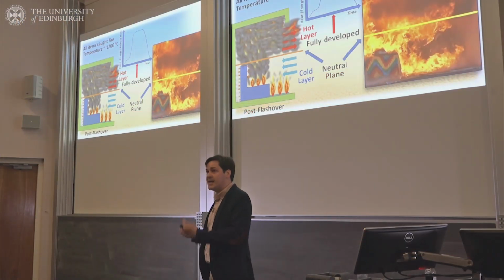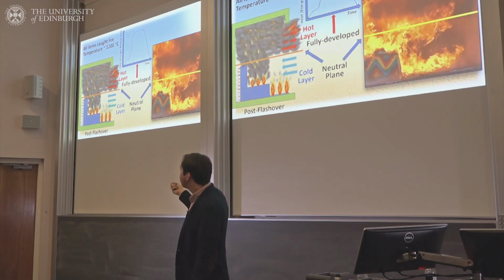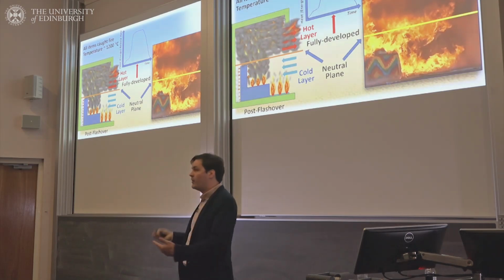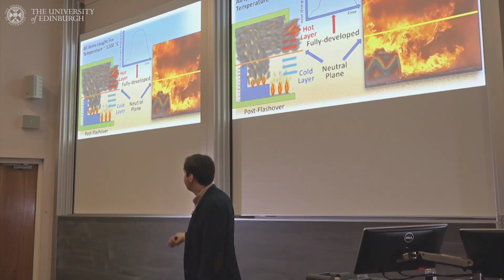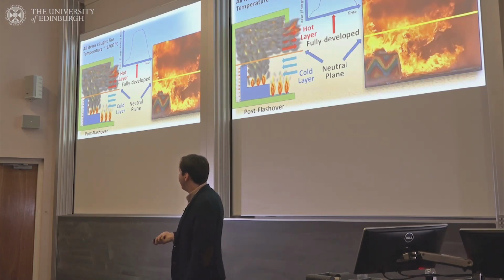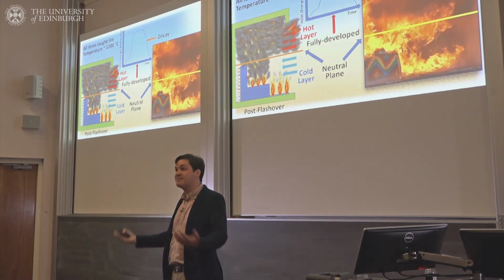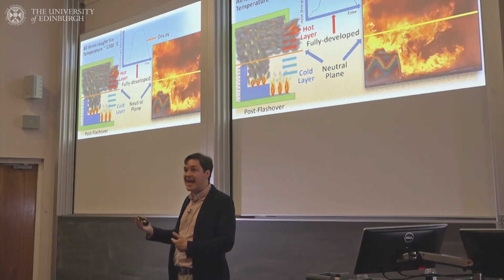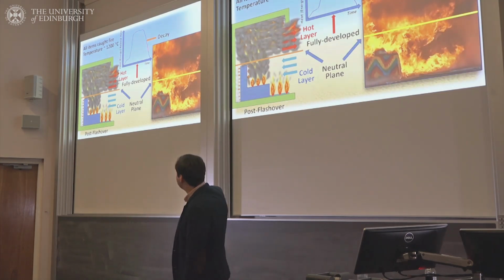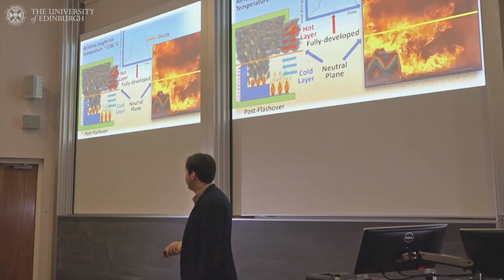So we can actually start understanding very regularly, for these well-known compartments like the rooms in your houses, where this neutral plane is and how this will react. And once the fuel starts being burnt up and there's less and less material to pyrolyze and turn into gas and burn, we get this decay phase. So that's what happens in a room.